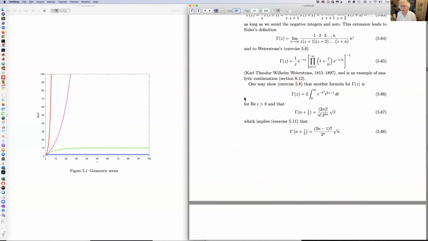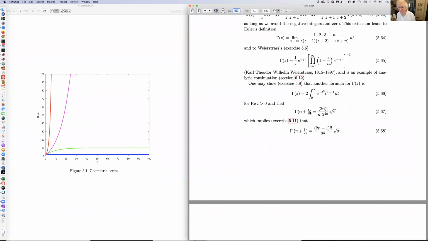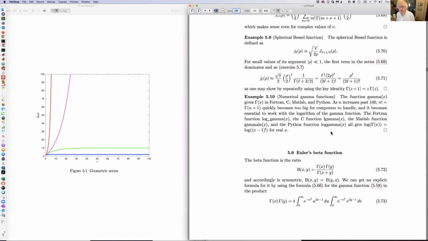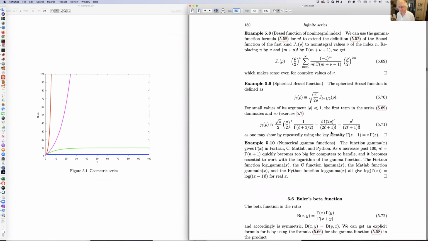Anyway, another formula for the gamma function, changing variables, is this, for real z greater than 0. And then you can show that gamma of n plus a half is this complicated expression, and also that gamma of n plus a half is this. I don't think we need to do those things.